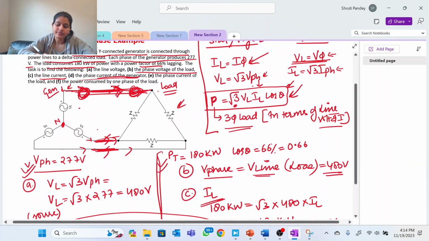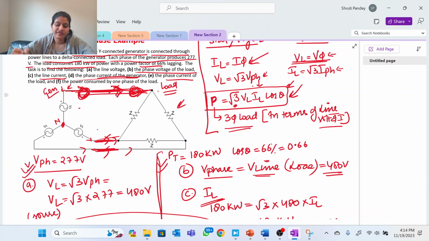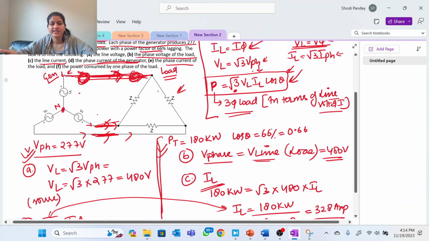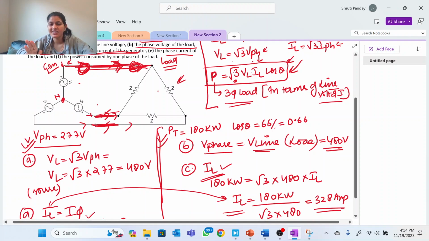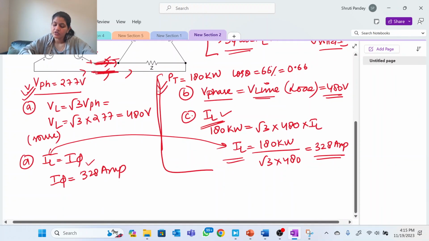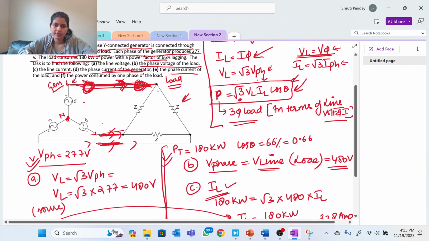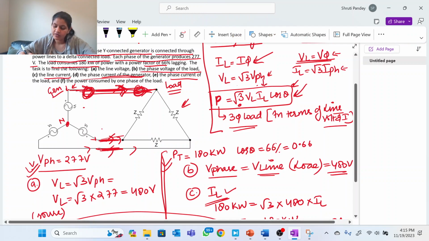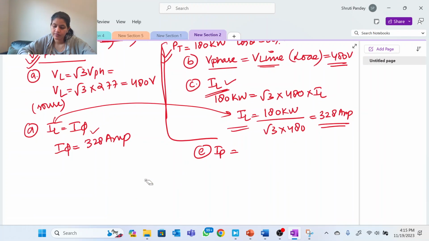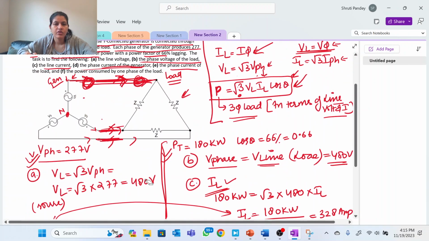Okay, now next is the phase current of the load. Now they are asking for the phase current of the load. So I told you line parameters are the same, but phase are not the same. So the E part is I phase current of the, is it asking for the, no, they are asking for the generator, not for the load. Sorry, the phase current of the load they are asking.